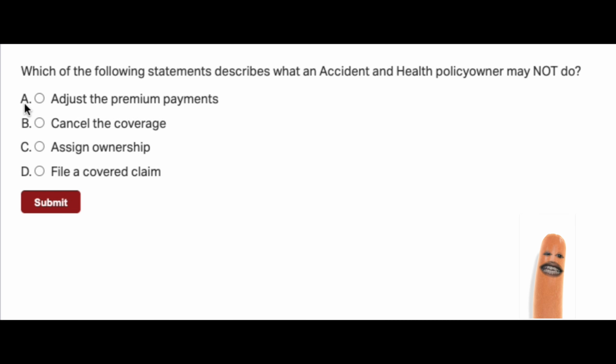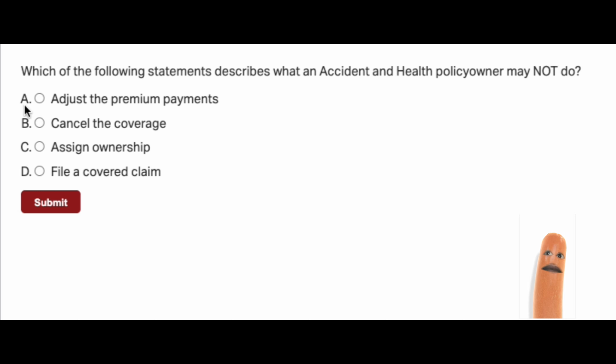Okay, next question, please. It says, which of the following statements describes what an accident and health policy owner may not do? A, adjust the premium payments. B, cancel the coverage. C, assign ownership. Or D, file a covered claim. Assign ownership.